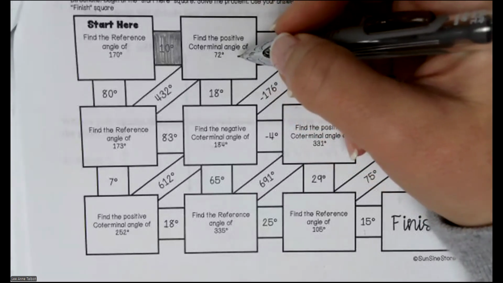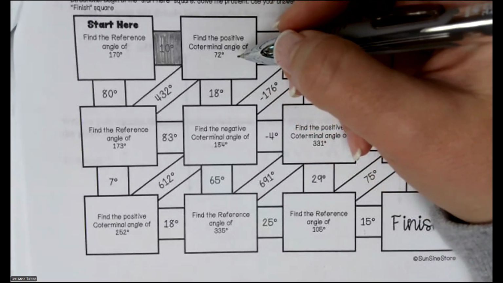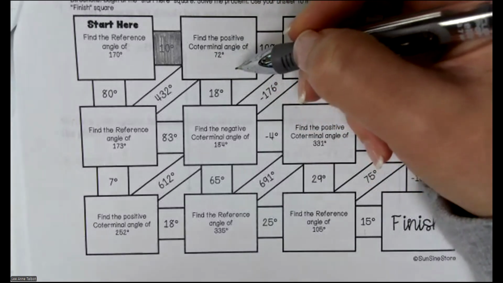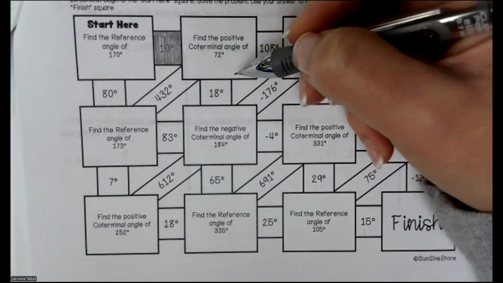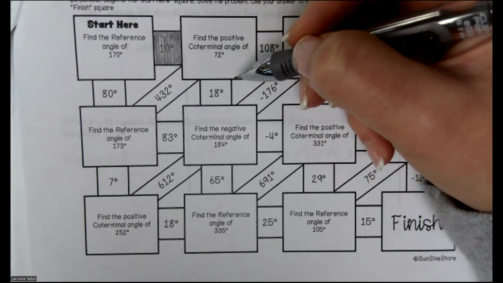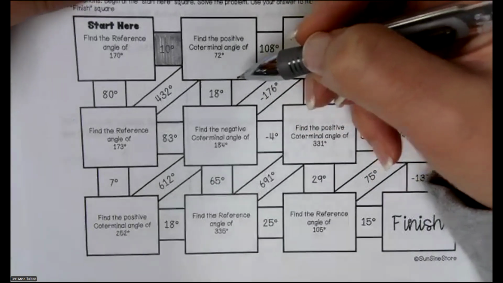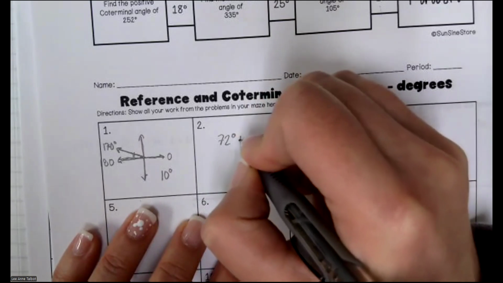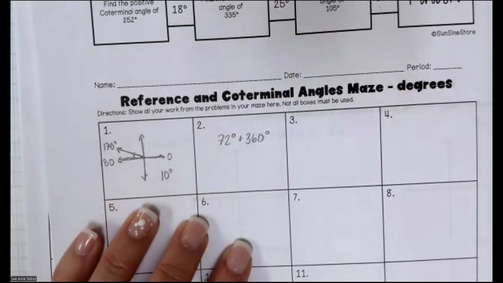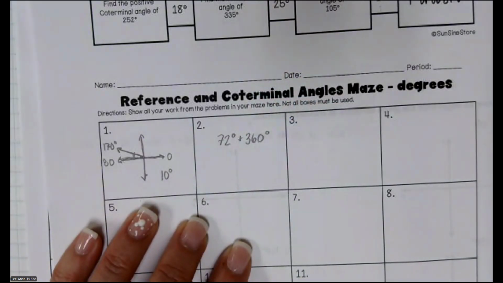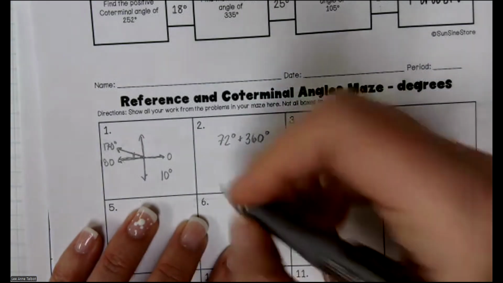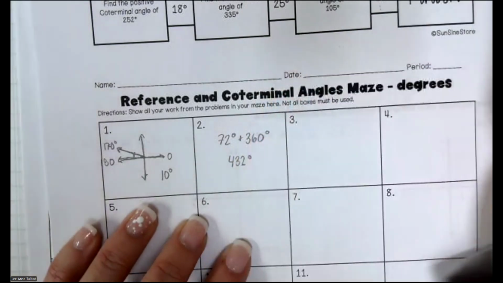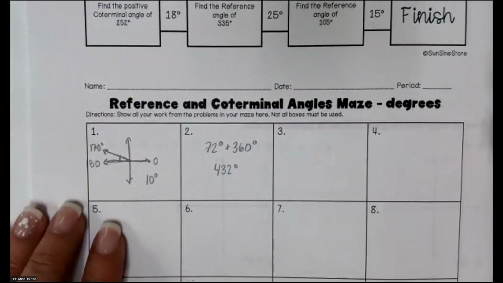Okay. Do you want to just keep going together for the next minute or two? Okay. Find the positive coterminal angle of 72. Okay, positive coterminal means you want a positive number. So you don't want a minus 360, you want to add 360. So you're going to go 72 plus 360. 432.